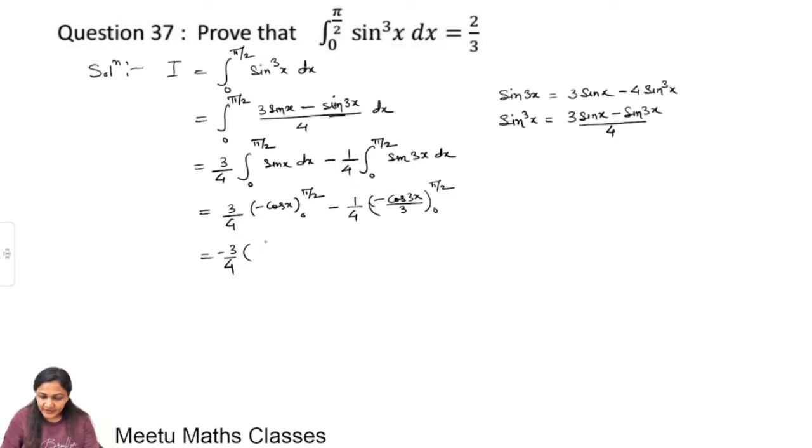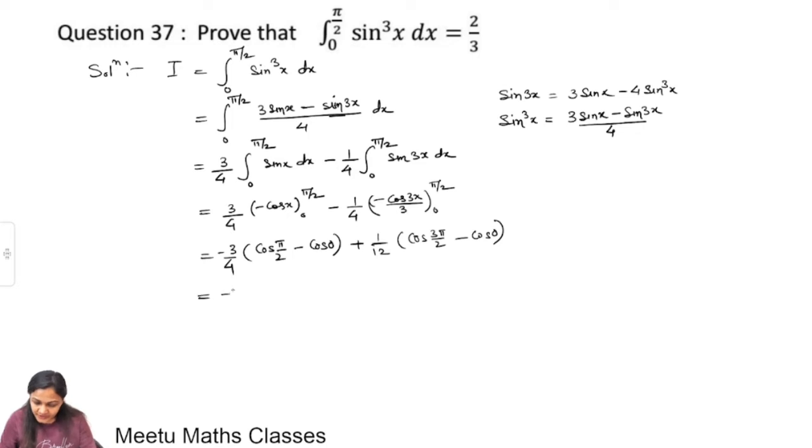and it will give you cos pi by 2 minus cos 0. Minus can be taken common, and 3 also can be taken out, and you are left with cos 3 pi by 2 minus cos 0. So this will give you, cos pi by 2 is 0 and cos 0 is 1, plus 1/12 cos 3π/2.